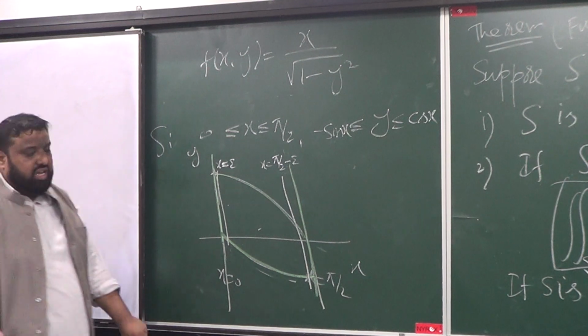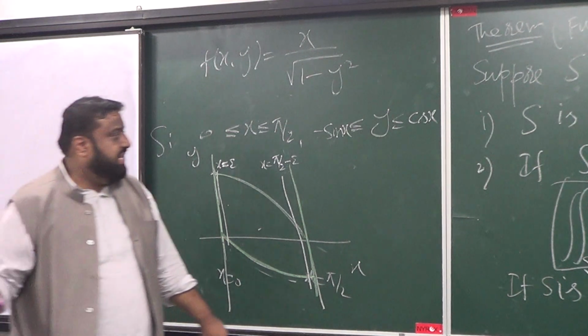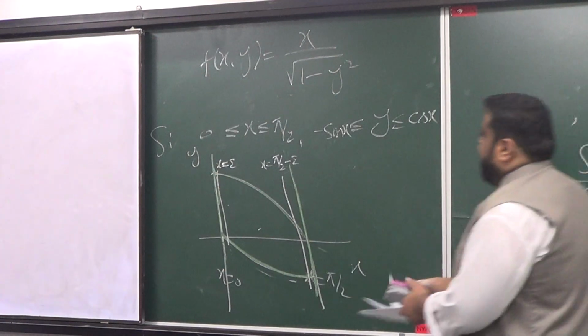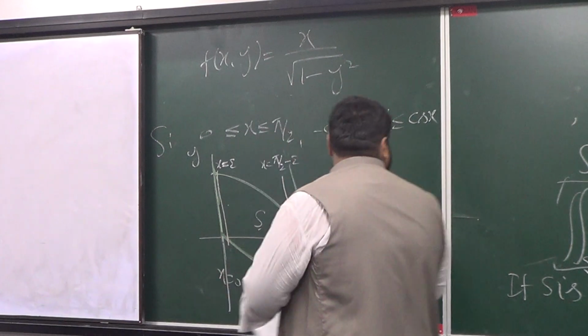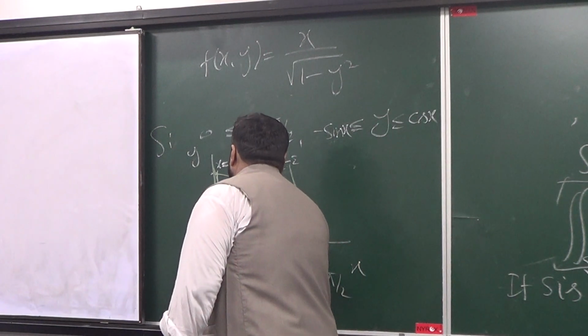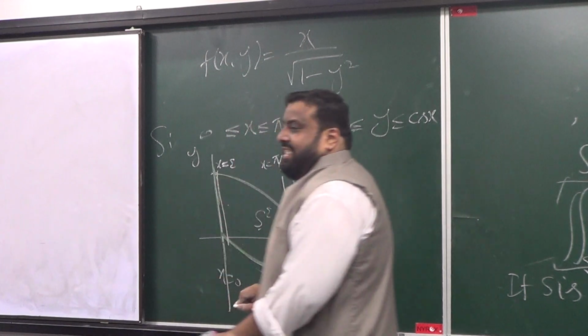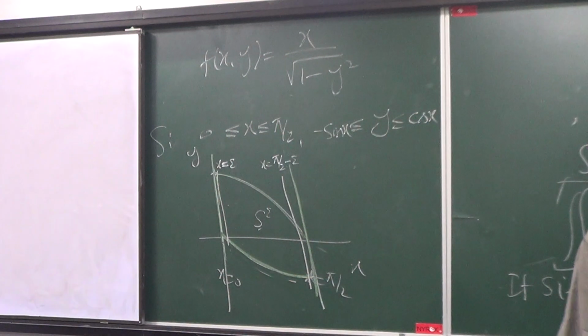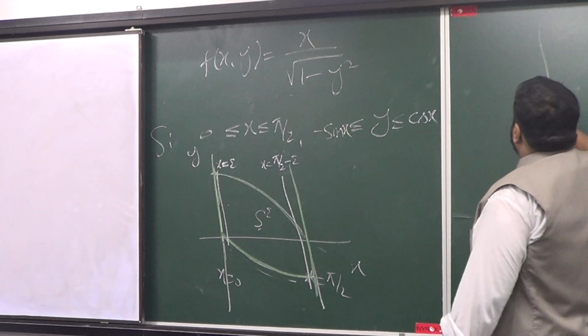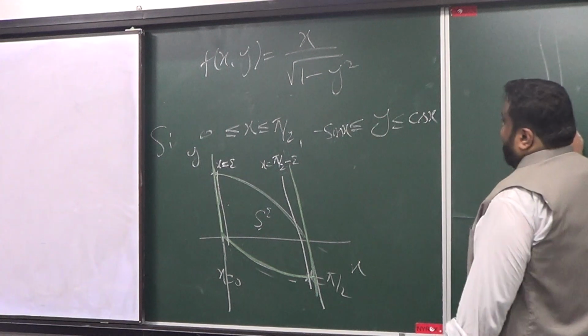So how am I going to compute the integral? This is my region S, the original region, and the current region is S epsilon, meaning the S that is sensitive to epsilon.